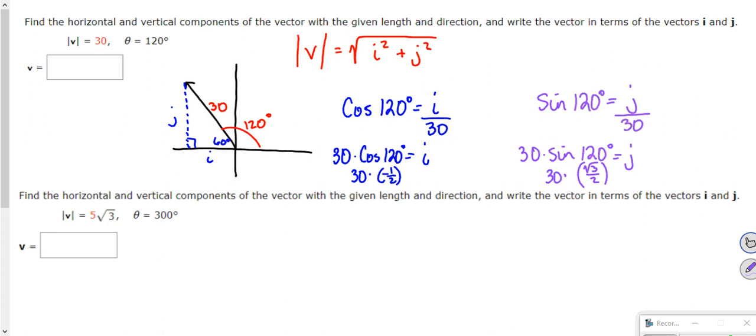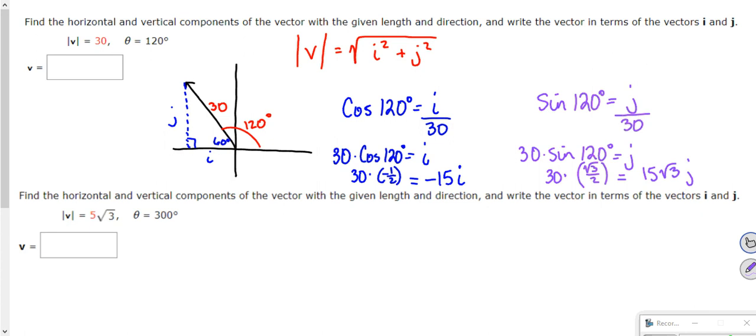So your I is going to give you a -15. Your J, the 2 will go into 30 15 times, so let's reduce it. We would have 15 √3, that's our J position.